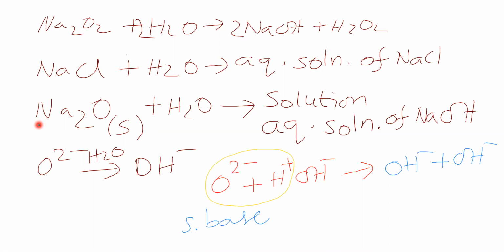Now we will take three different types of anions: one is H minus, one is acetate, another one is Cl minus. What about the extent of hydrolysis of these three? How will these three anions undergo hydrolysis? That we will see.